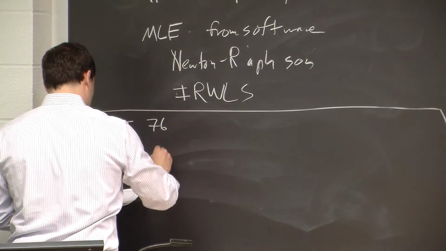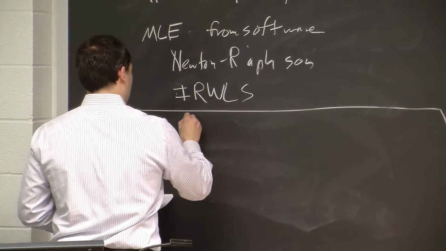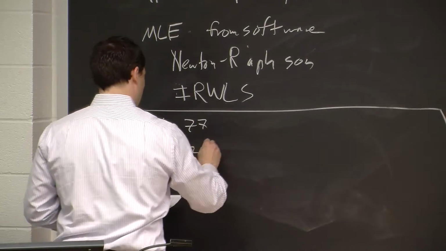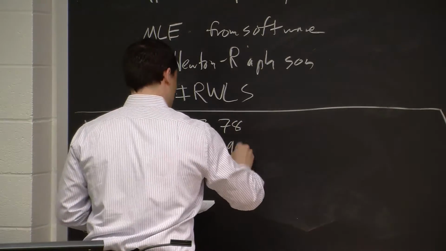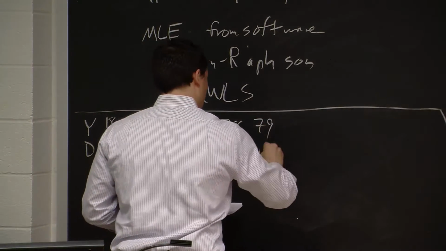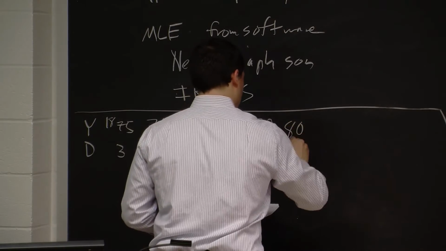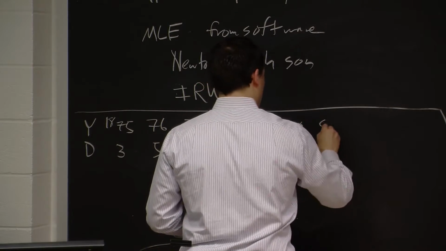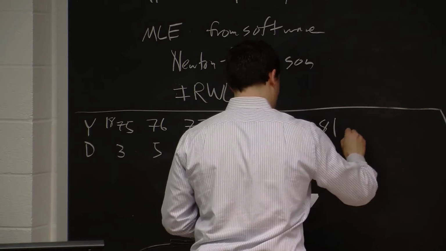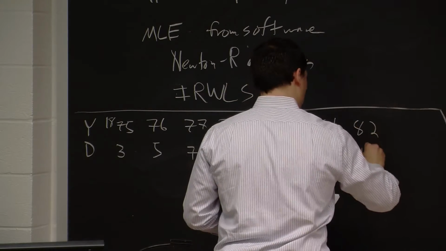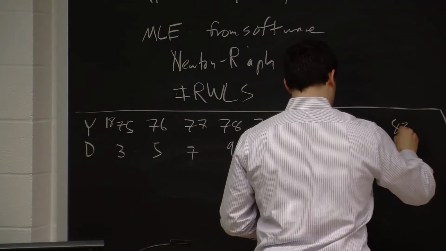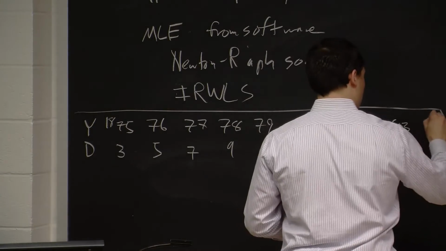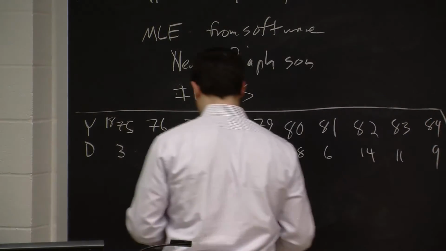In 76, there were 5. In 77, there were 7. In 78, there were 9. In 79, 10. In 80, there were 18. In 81, so that we don't have much in the way of predictors here, but this will illustrate a couple of other issues. 84, 9.